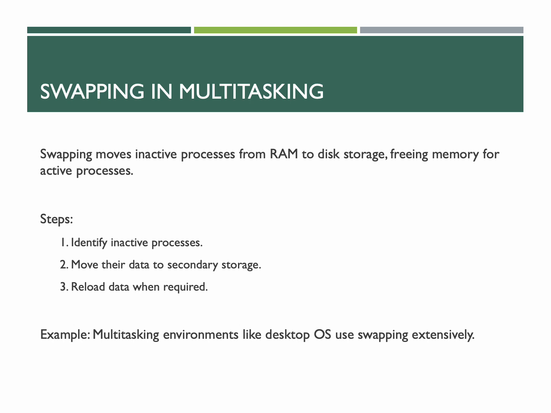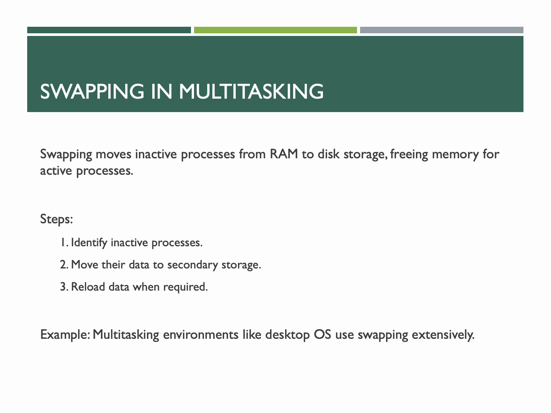These inactive processes are written to disk, freeing up space in RAM. Then reload data when required. If the process becomes active again, its data is reloaded from the secondary storage back into RAM. So these are the steps we can use.